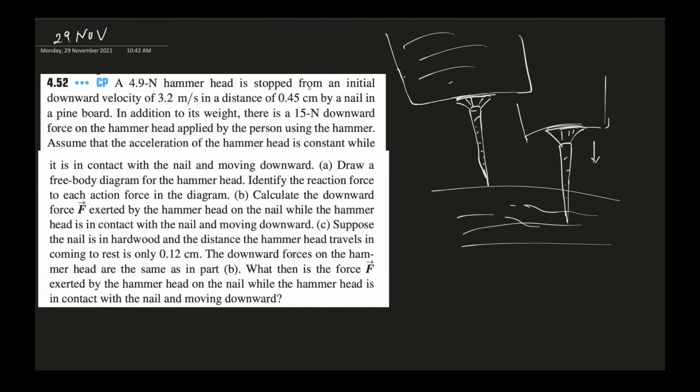How much does it go? It goes 0.45 centimeter. It is around 4 millimeter. And then stops. When it hits, the initial velocity was 3.2 meter per second. Draw a free body diagram for the hammerhead.